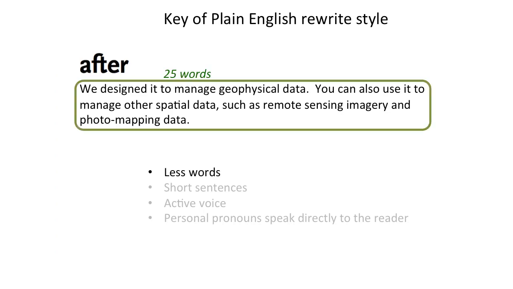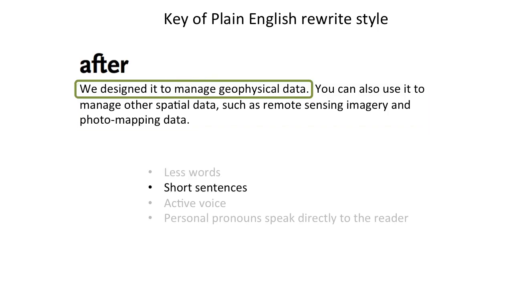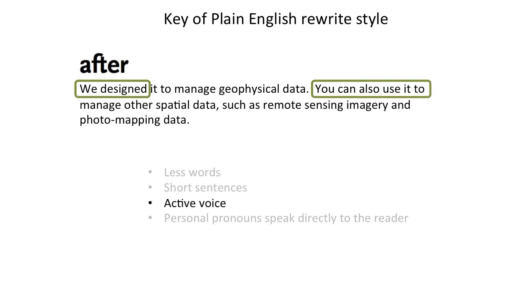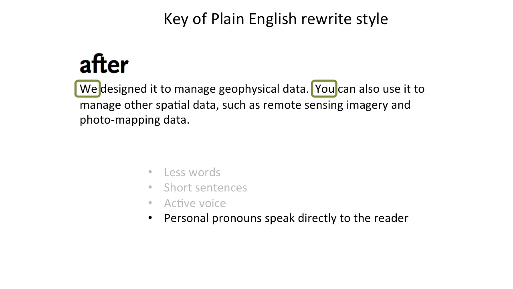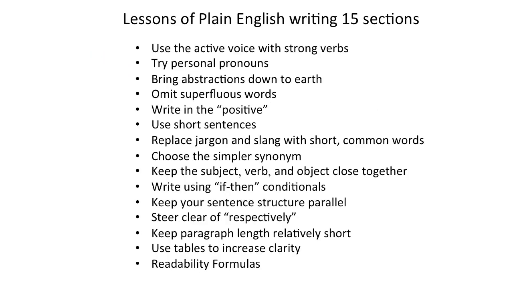First, clearly there are fewer words: 33 in the before example versus 25 in the after. The second one, the sentences become shorter. The third one, it uses active voice. The final one, it uses "we" and "you" to directly address the reader. Therefore, if we utilize many of these principles, we can improve our writing.